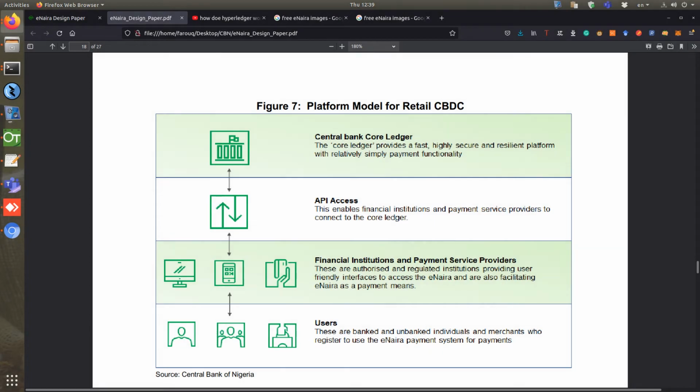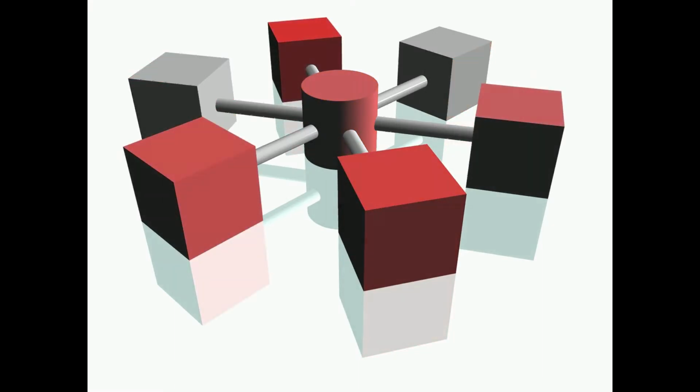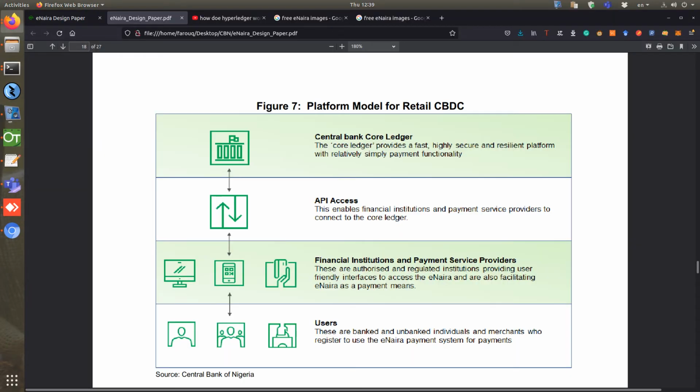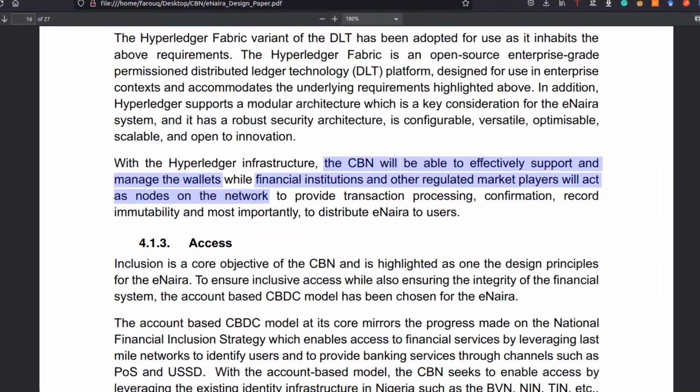The ingenuity of eNaira is that the central bank core ledger monitors the transactions of these distributed nodes. It stores the current state of the system as well as the transaction logs of all transactions in the system. So who are these nodes, you might ask?